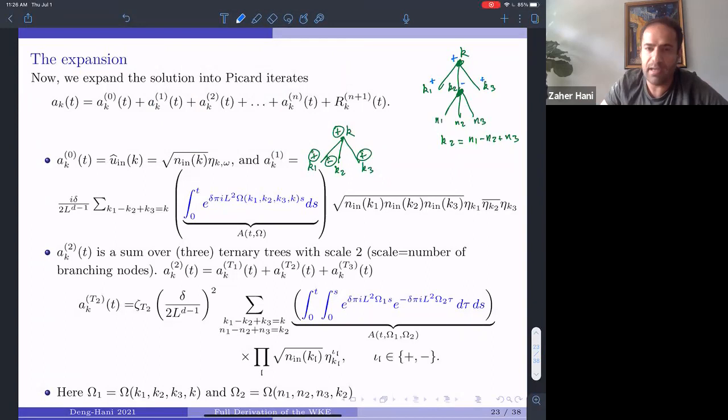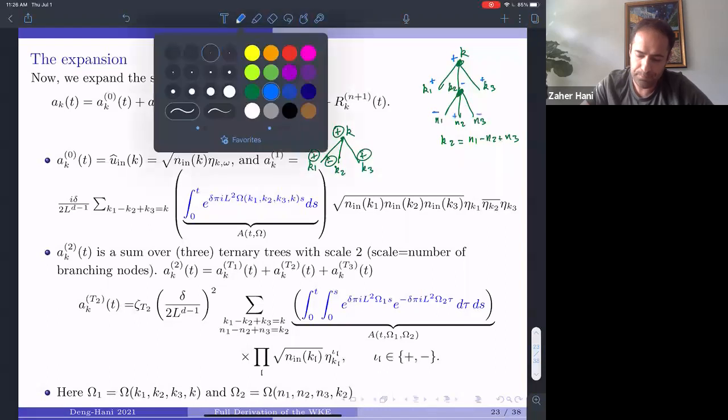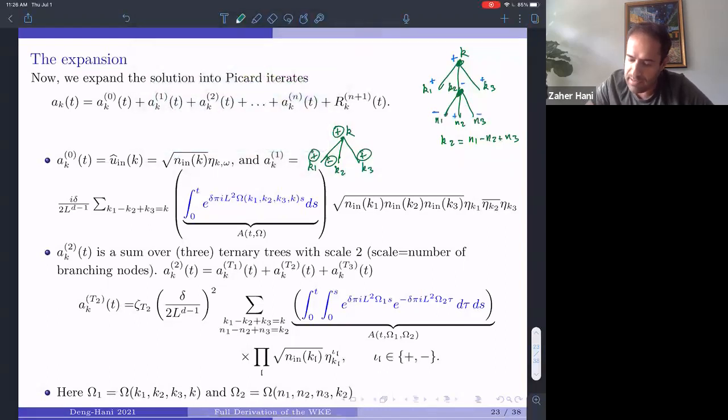And this is a minus sign. So when the branching node has a minus sign, you switch all the signs. So this would be minus, plus, minus. Another thing to remember is that the end nodes over here are called the leaves of the trees, and there will be a distinction between the leaves of the trees and the branching nodes of the trees.